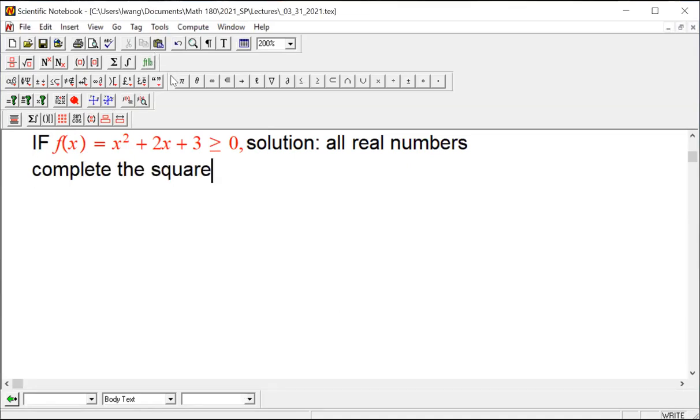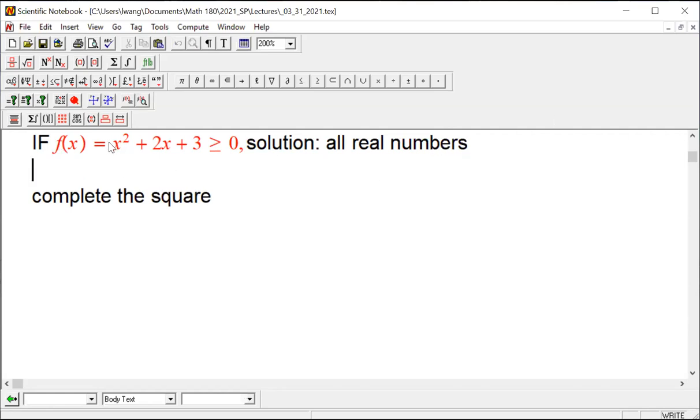Okay, complete a square. So what do we have here? If you complete a square, what do you get?